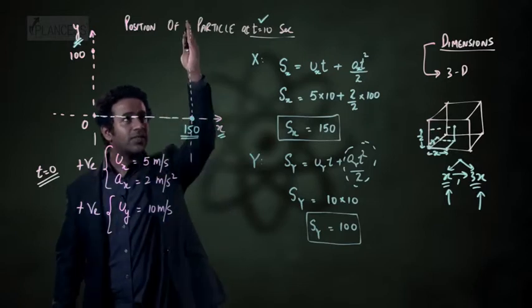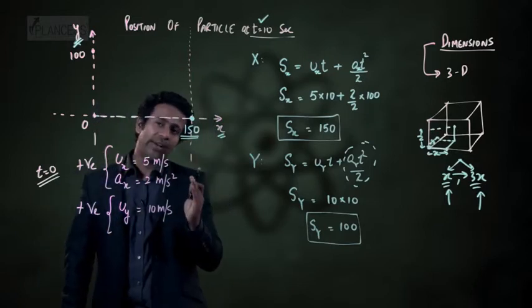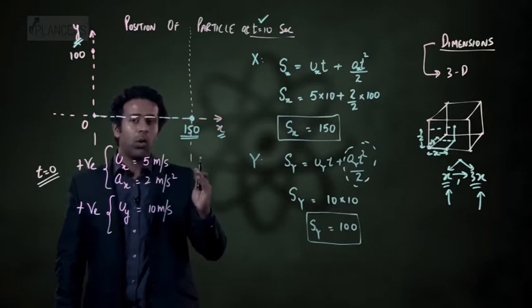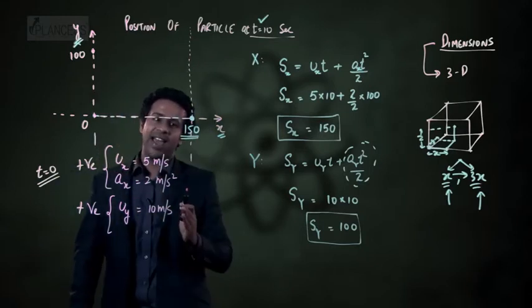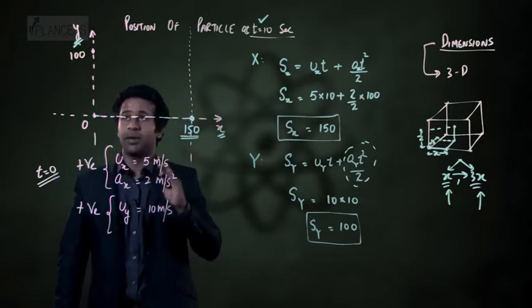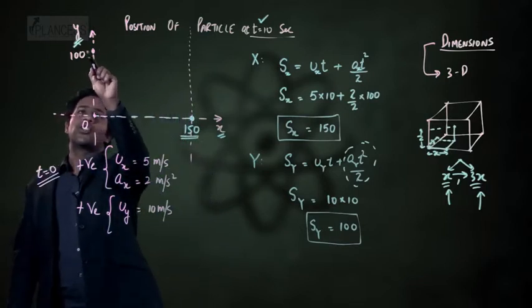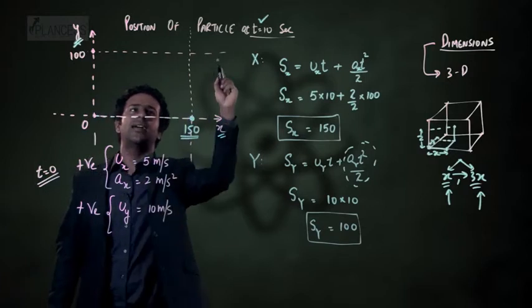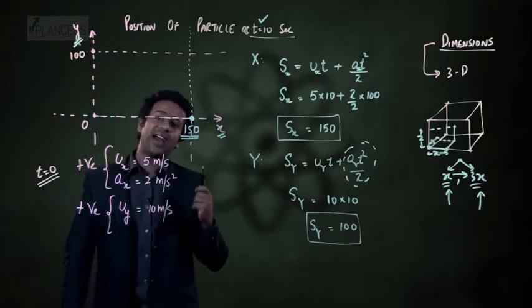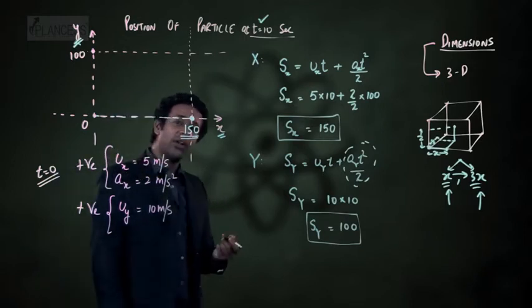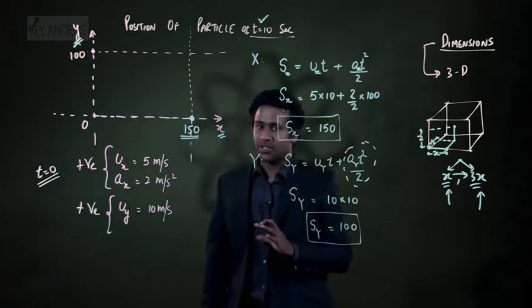As you move on this vertical line, the x coordinate remains 150, only the y coordinate changes. So this entire line is x equal to 150. Similarly, we will draw a horizontal line at y equal to 100 because this entire horizontal line is y equal to 100. On this line, only the x coordinate changes, not the y coordinate.